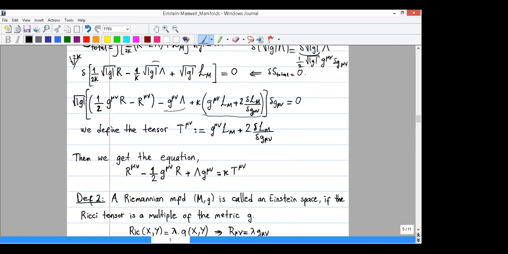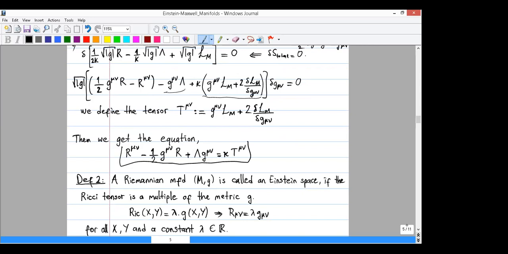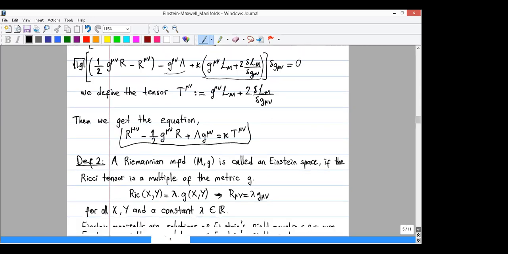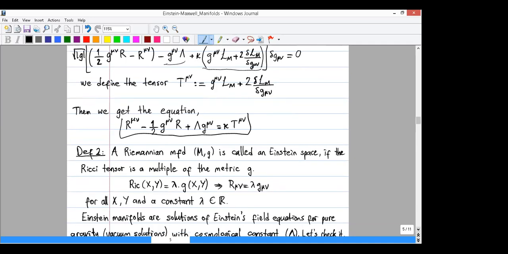Then what we get is the equation R_μν minus 1/2 g_μν R. I'm just again multiplying by a negative sign, plus lambda g_μν, and if I take this to the other side, kappa T_μν. And this is the full Einstein field equation, and we obtained this from the variation of the action.